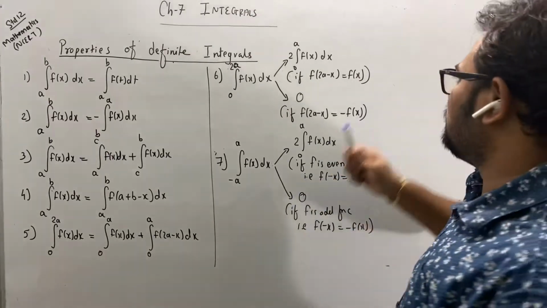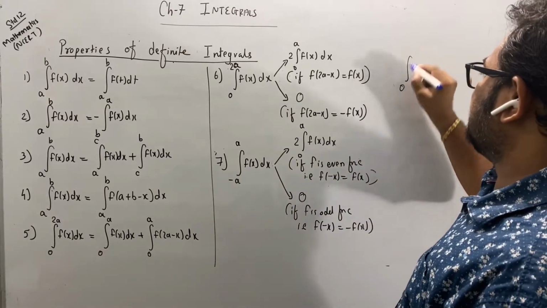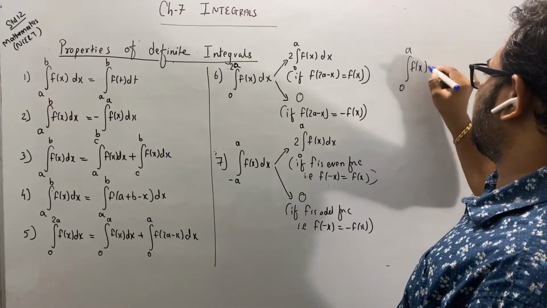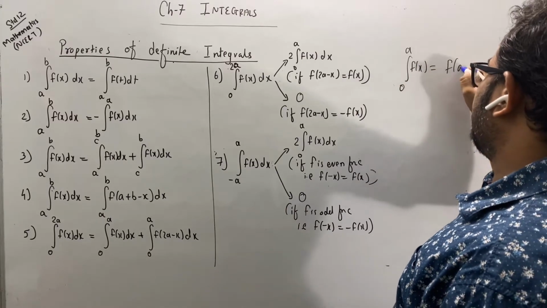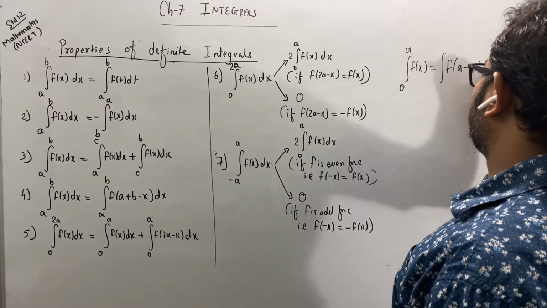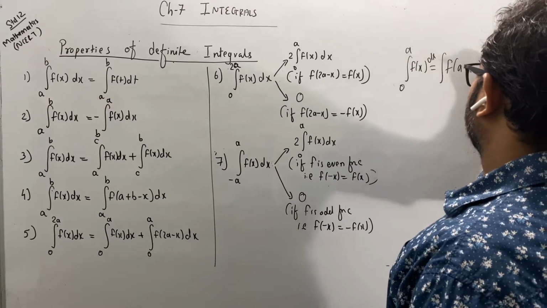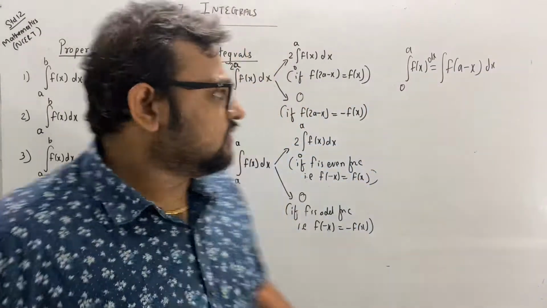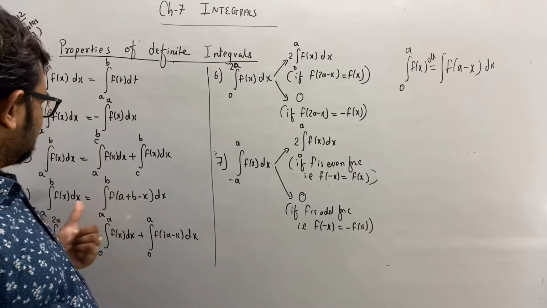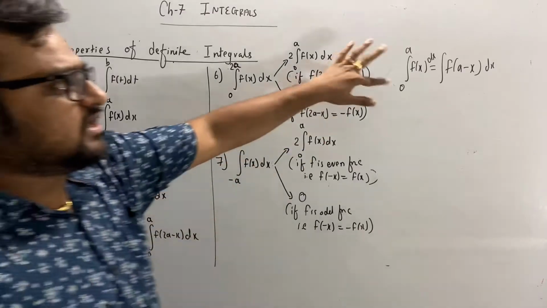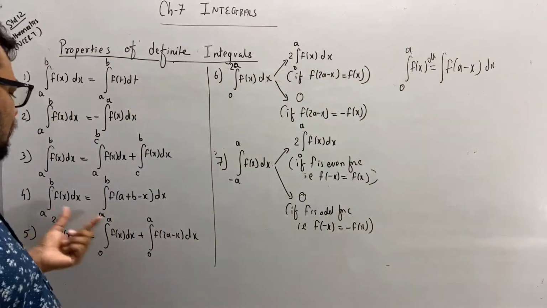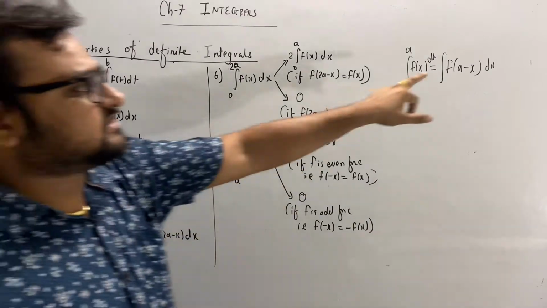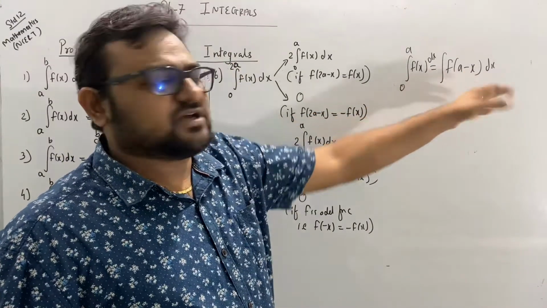Okay, there is also another property: the integral from 0 to a of f(x) dx is equal to the integral of f(a minus x) dx. Okay, one is this from a to b, a plus b minus x, and the other from 0 to a. But I consider both of them the same. Here I will take 0 plus a minus x. So it will be the same.